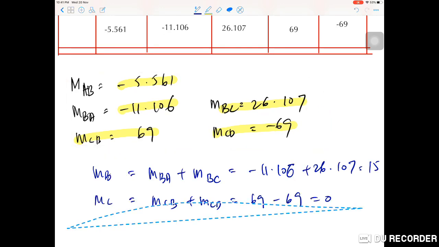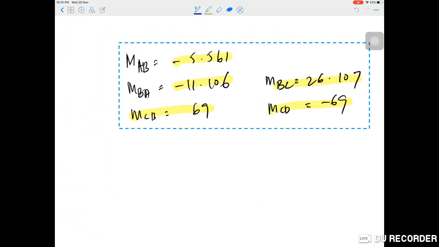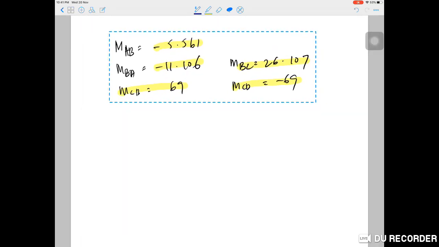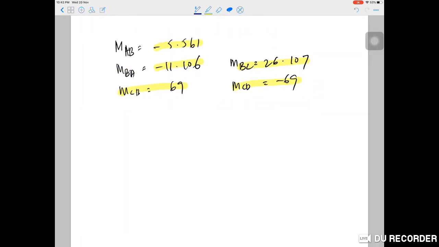Okay, for the bending moment diagram, so this is the moment. The sign that we can see here is actually the moment rotation. So we have 3 members. For AB, it is negative moment.